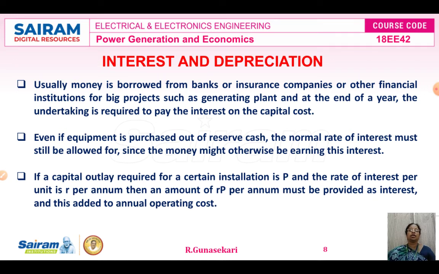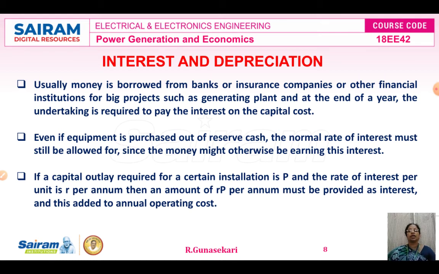Even if the equipment of the power plant is purchased out of reserve cash, the normal rate of interest must be allowed for, since the money would otherwise be earning this interest.